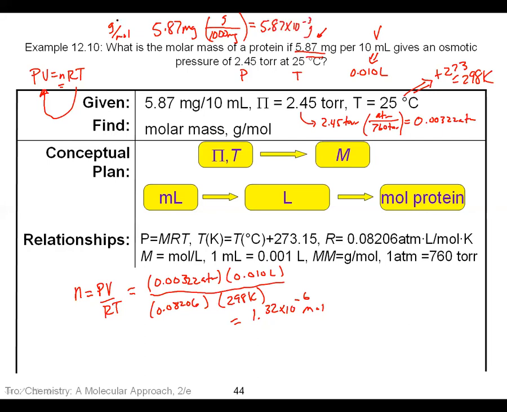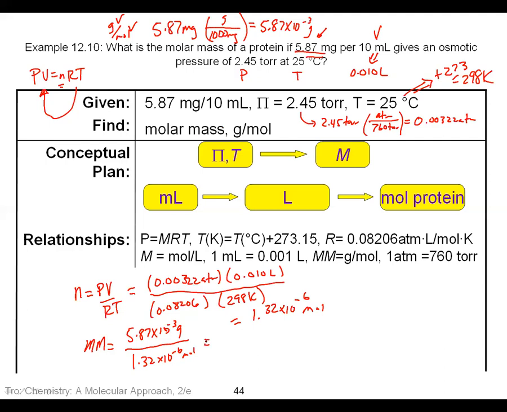So now we have the grams, we have the moles. So putting it together, the molar mass would equal 5.87 times 10 to the minus 3 grams divided by 1.32 times 10 to the minus 6 moles.